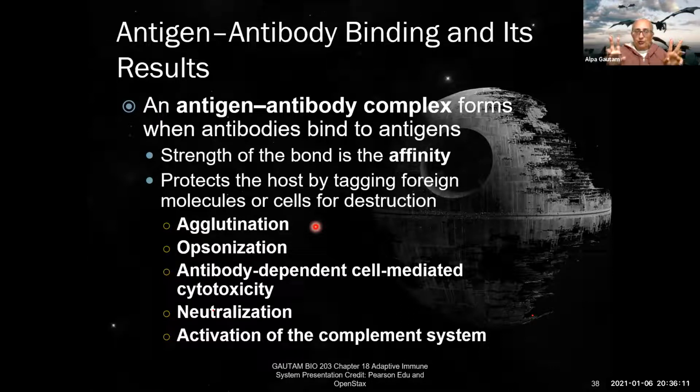Either they have protein markers sticking out or you don't. If you don't have any protein markers sticking out from the red blood cell, that's called a type O. If you have a type A protein sticking out, then you're type A. If you have type B protein sticking out, you're type B. You can have both, in which case you're type AB.